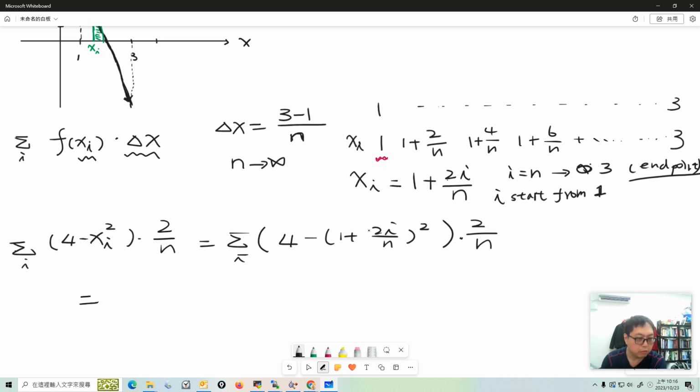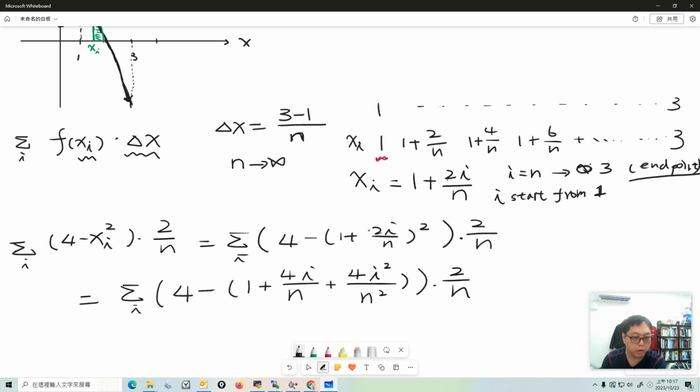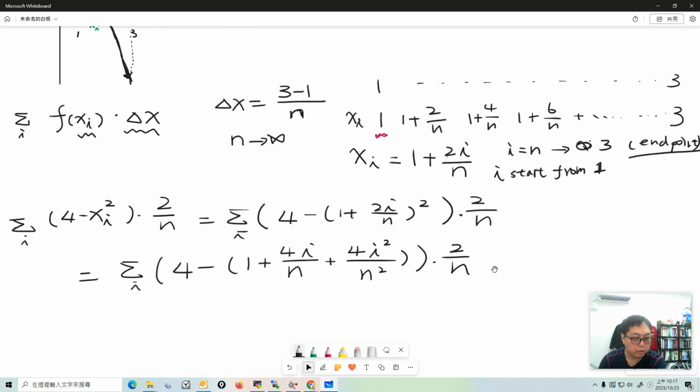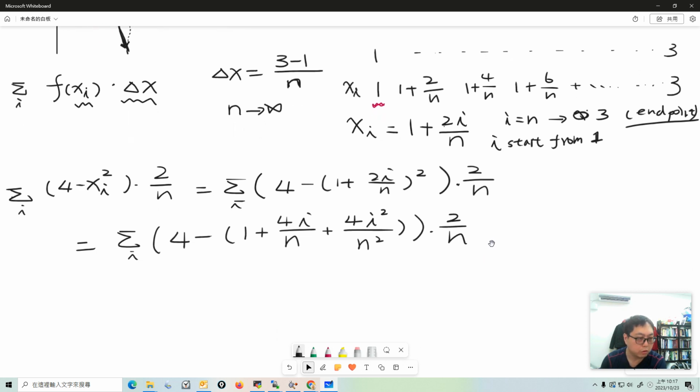Now some algebra work, which I will read quickly: 1 plus 4i over n plus 4i squared over n squared, times 2 over n.